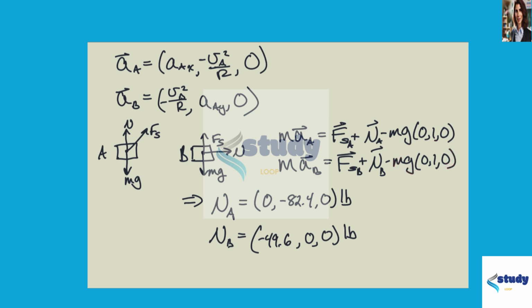So in this case, the normal force is actually just going to be mass times this thing here, and we can calculate that, and that becomes minus 49.6 pounds in the horizontal direction and 0 in the other directions. So the rod is pushing on the collar in this direction, and the collar is pushing on the rod in that direction.